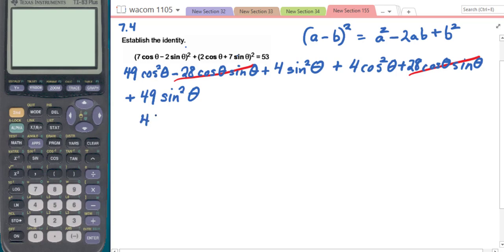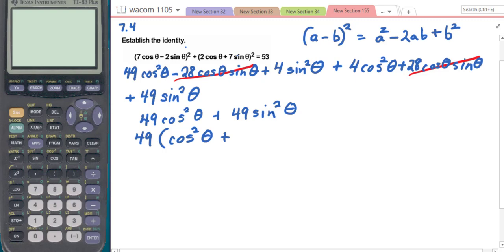So if we have 49 cosine squared theta plus 49 sine squared theta, we could factor a GCF out of those. So we could factor out a 49 cosine squared theta plus sine squared theta.